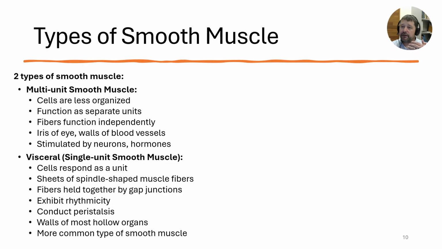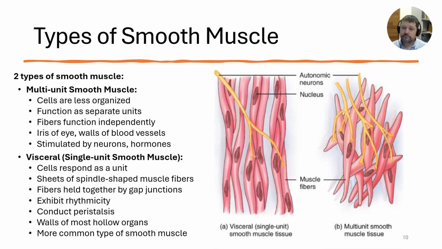They can react to a stimulus rhythmically and fire in kind of a pulse. Things like your organs, your intestines, your stomach, would have visceral or single unit smooth muscle associated with them.